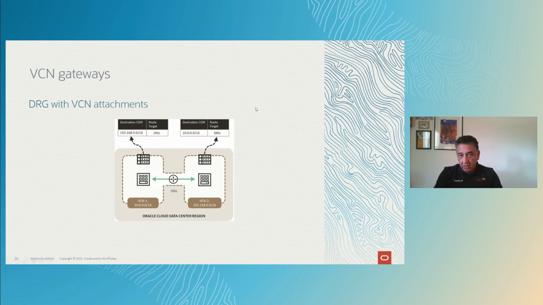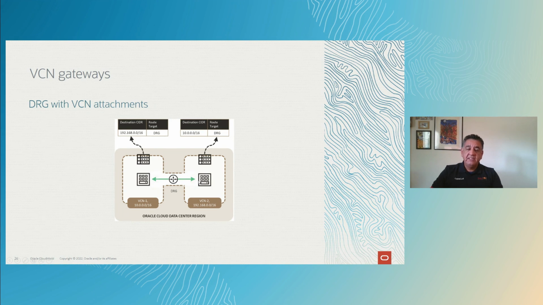Now, there's another way that you can connect two virtual cloud networks in the same region without using the local peering gateway. And this is called an attachment over the dynamic routing gateway. As you can see right here, how it works is that this virtual cloud network is attached to the dynamic routing gateway.